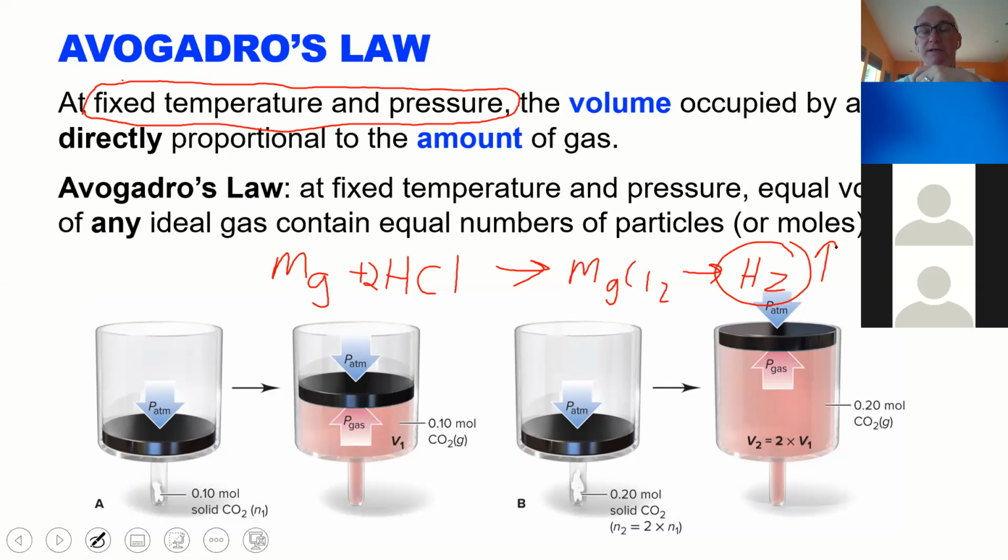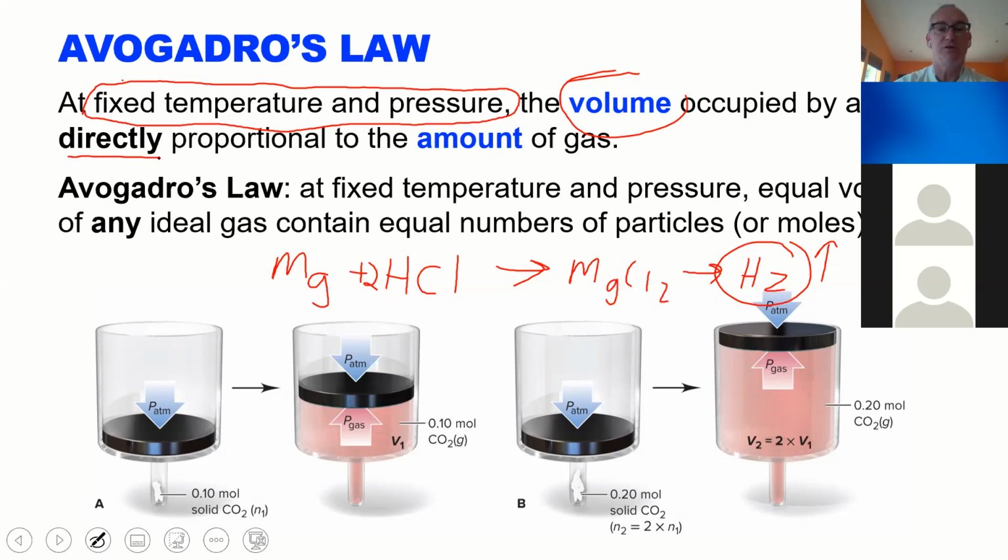So he realized that the molar amount of gas is directly related to the volume. He did these experiments under a fixed temperature and a fixed pressure, and however many moles of gas were created was directly related to the volume.